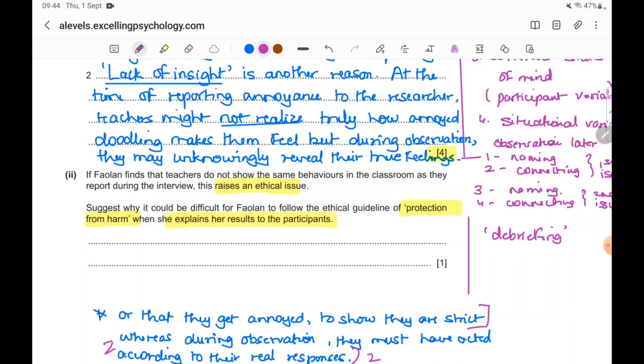So they are talking about what would happen during debriefing. You can imagine the scene in your mind. She would explain the results to them and they would feel very uncomfortable knowing that they have behaved in contradictory ways. They've reported something else about their same behavior in the interview, and then they have acted in a different way when they were being observed. So that is the psychological harm being caused. That is what we have to talk about, the contradiction.